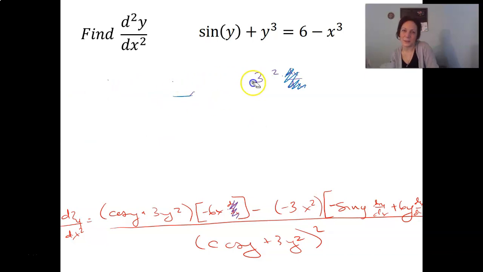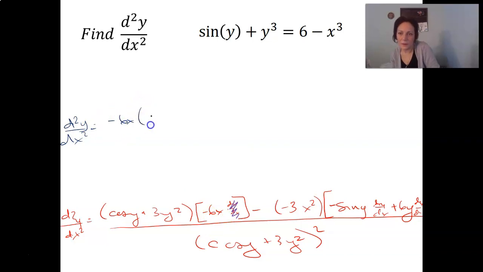I just erased what dy dx was. It's okay, I can remember. So I don't know why, but I like to take this negative 6x out front, and then I have cosine y plus 3y squared. And then here I've got a plus 3x squared.